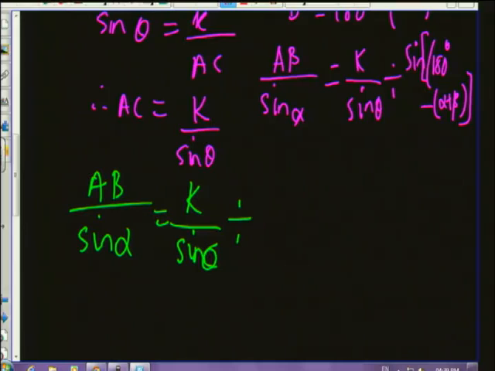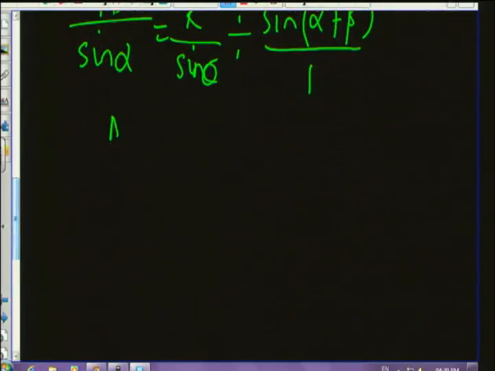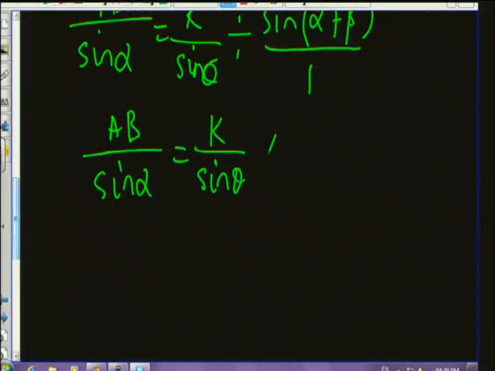Now remember your basic trigonometry. If I've got sine 180 minus, that is my second quadrant. And how is sine in the second quadrant? Sine is positive in the second quadrant. So we get sine of alpha plus beta. Okay, so this is all over 1. Now next, I've got AB divided by sine alpha equals K over sine theta times 1 over sine alpha plus beta.